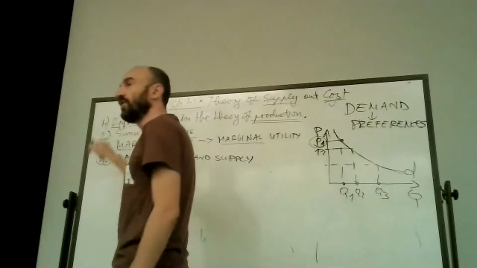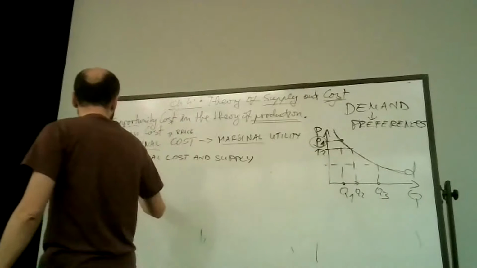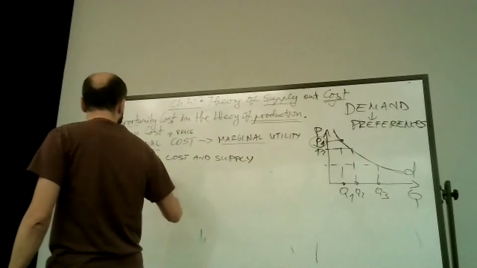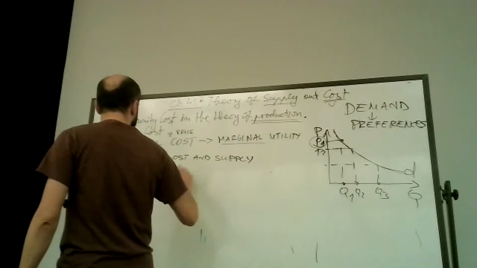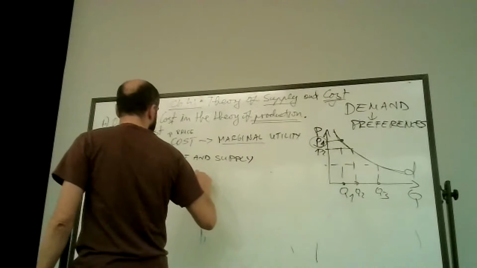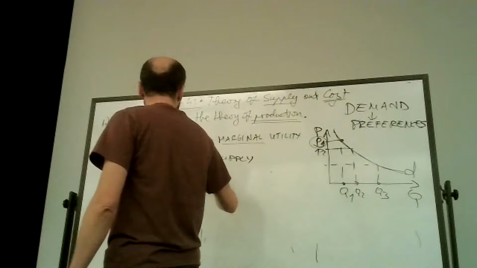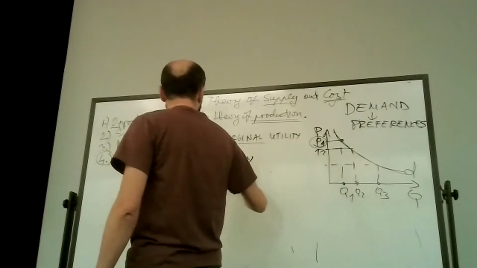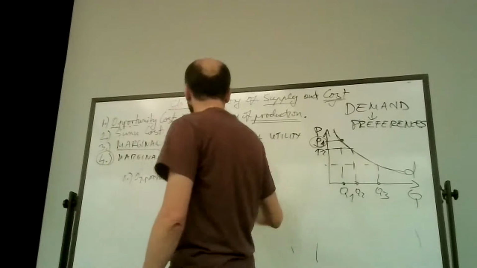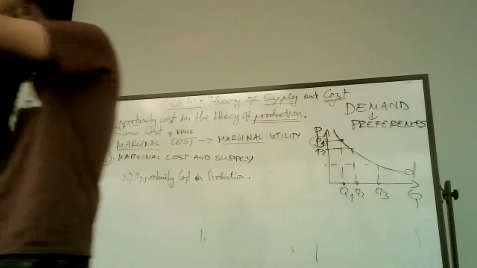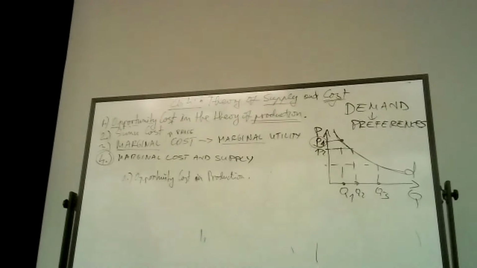Okay, let's start with number one here, opportunity cost in production, the general theory. So what is the usual way we see costs of production? Very often you can see: I have to charge a high price because my costs are high.